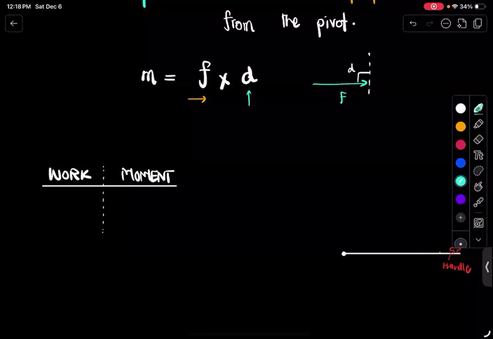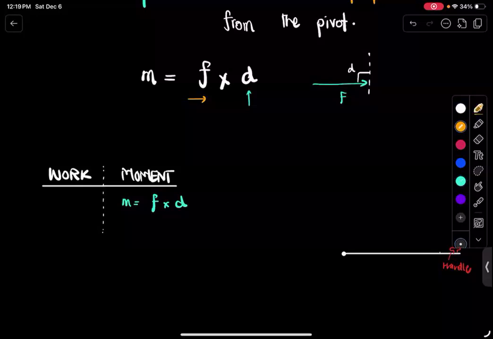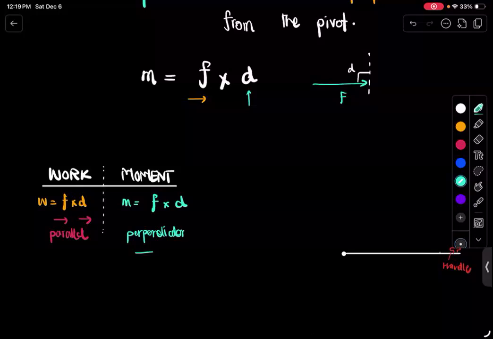Exactly, yes. In moment, you always have force into distance, and in work done, you also have force into distance, right? It's literally the same formula, but in work done, force and distance must be parallel, and we'll study that after this chapter, hopefully. And for moments, they always have to be perpendicular. That means they should have a 90-degree angle between them.